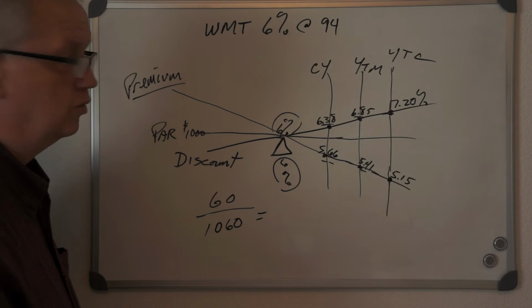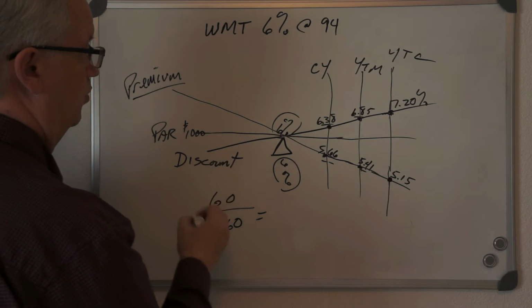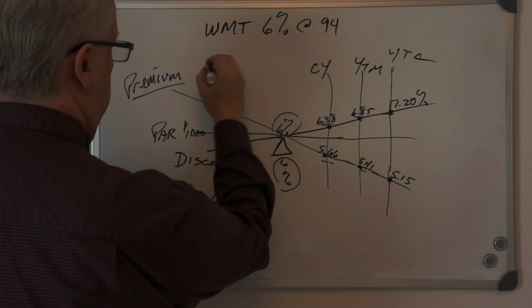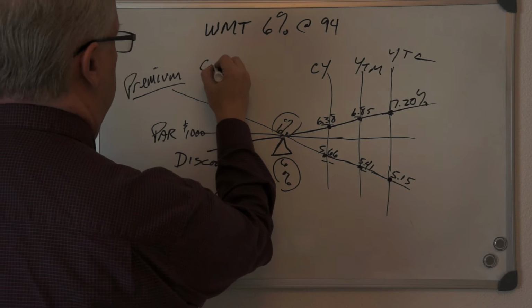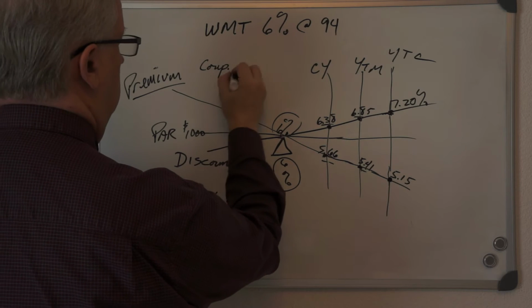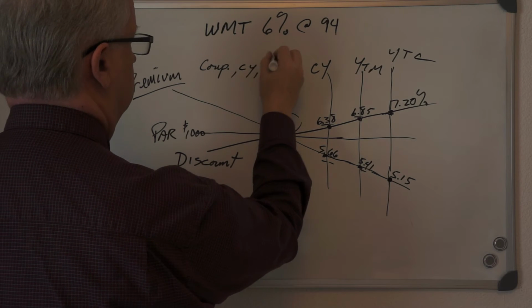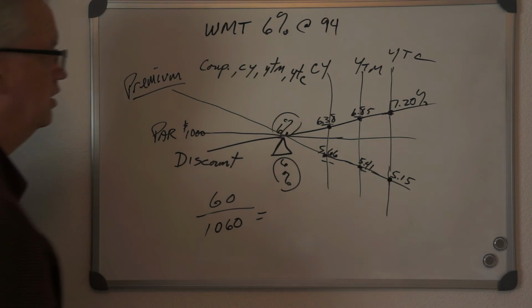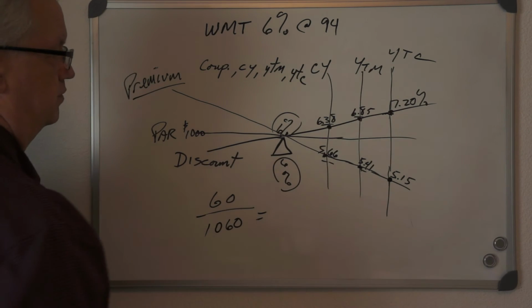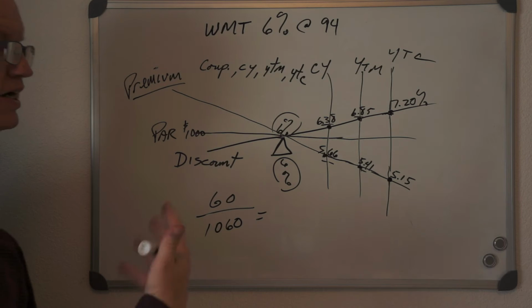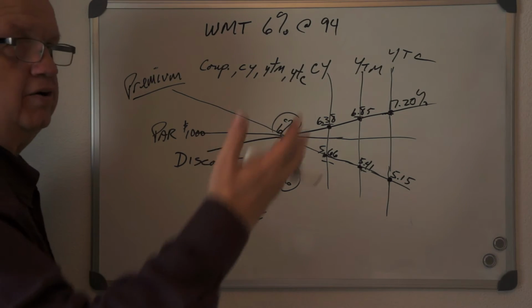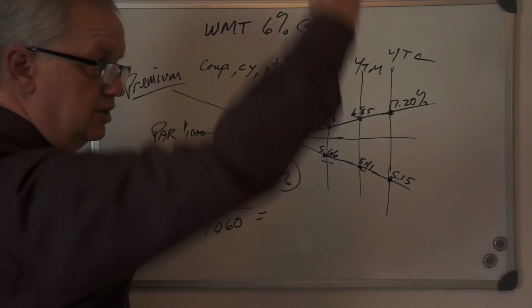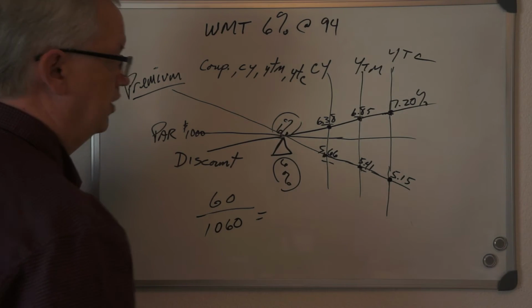Going in ascending order, a discount bond, it would be coupon, current yield, yield to maturity, yield to call. That's ascending order. Ascending order means higher the next to the next to the next. Okay? Growing in value.